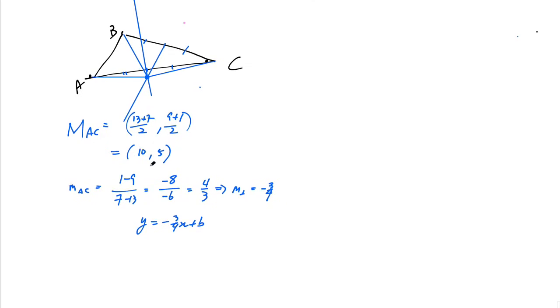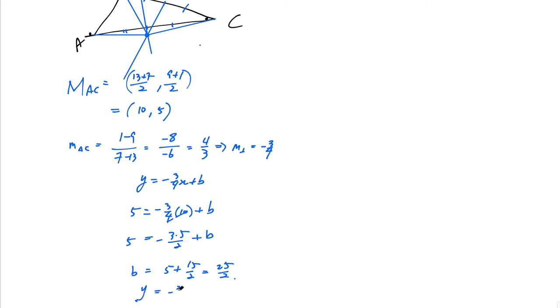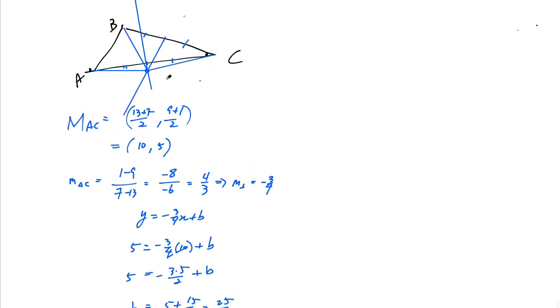To get b, we need to plug in y is 5 when x is 10. So b is 5 plus 15 over 2, 25 over 2. Which means y equals negative 3 over 4 x plus 25 over 2. This is the equation of this first orthogonal line.